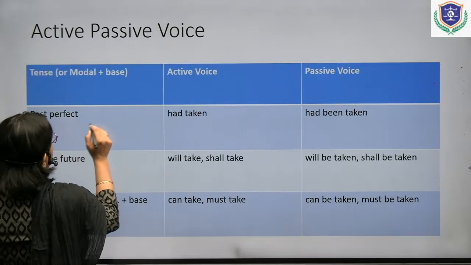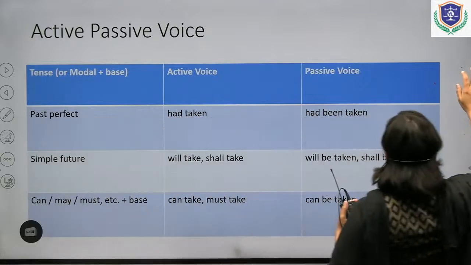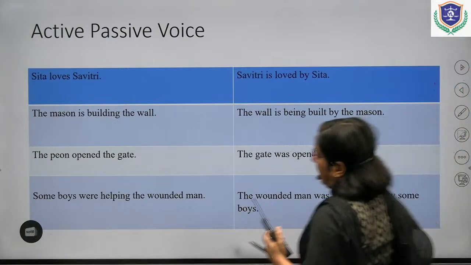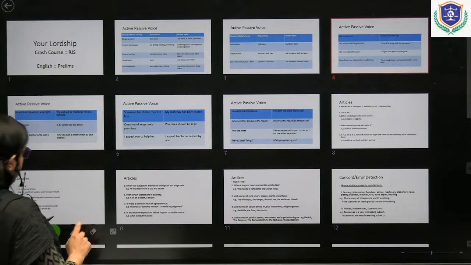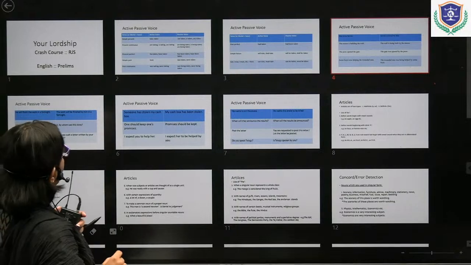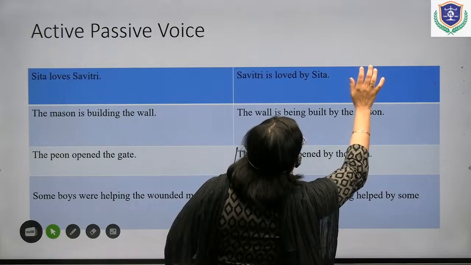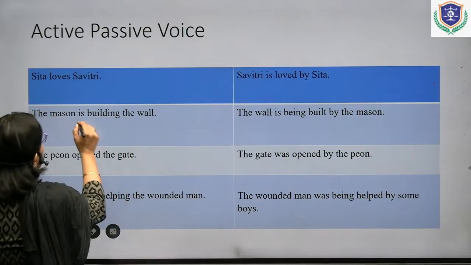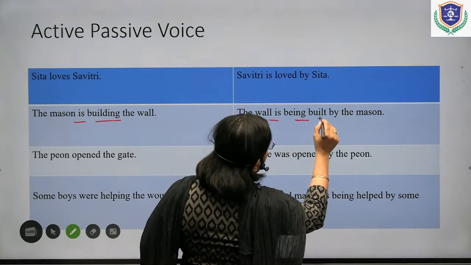Here is building is being changed to is being built, right?